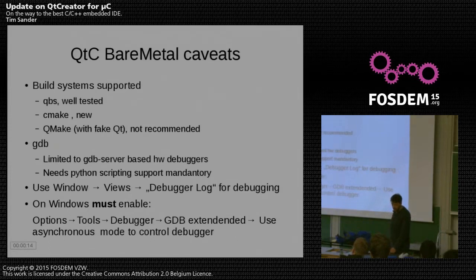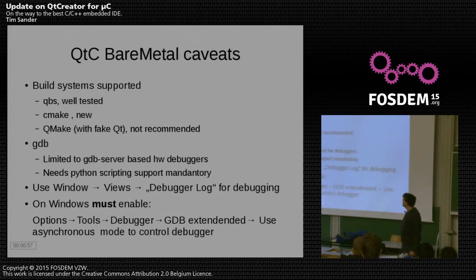I mostly use the bare metal plugin with cubes. That's the new build system for the Qt environment. It's quite new, but it's describing the build in JSON. So it's quite good structured, machine parsable, and I like it quite well. Then what's added new is CMake support, and there's quite some effort to improving CMake support in Qtcreator, but still CMake support is, I think, supported for several releases by now.